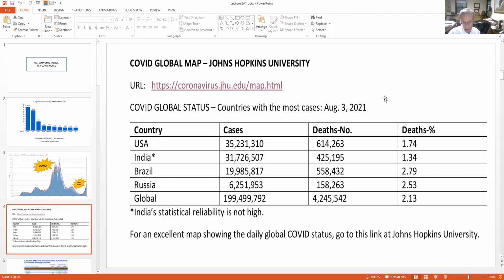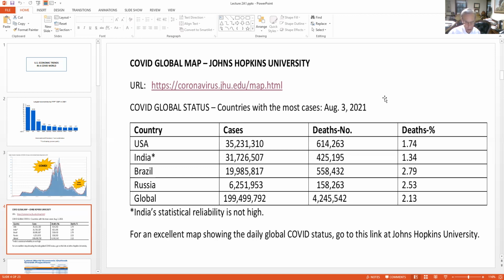Brazil, you can see, doesn't have as many cases, but that's relative. 20 million is a lot of cases, not as high as 32 million in India or 35 in the United States, but it's a smaller country, and its death rate was up to about 2.8%, which is getting pretty high.